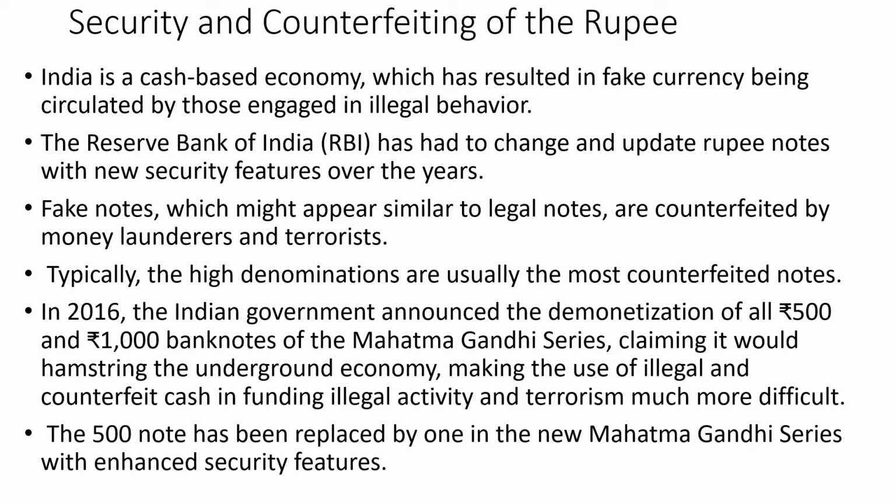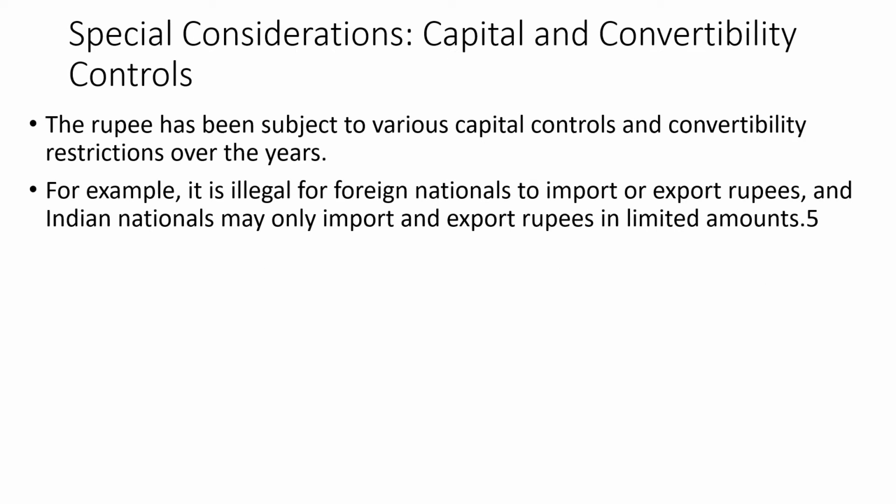So, the government as well as the monetary authority went for a demonetization program because it wanted to curb the use of counterfeit and fake notes. The 500 note had been replaced by one of the new Mahatma Gandhi series with enhanced security features, but right now the 1000 rupee denomination note, we do not have it.